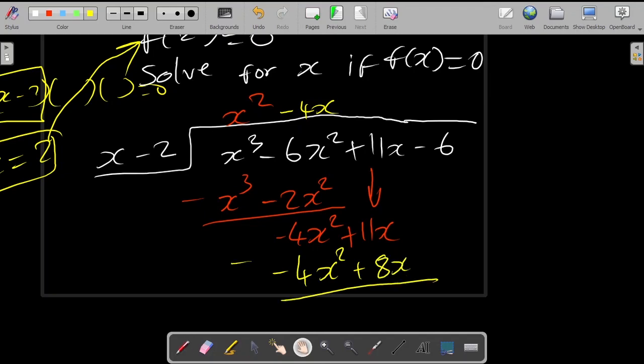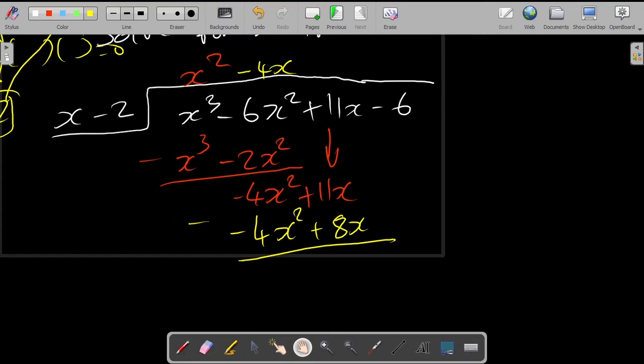And continuing once again, subtract, and over here you have minus 3x. Is that what you'd have? Let's see, this is 11 minus that. It's actually positive. So it's 11x minus this 8x, so that is positive 3x.